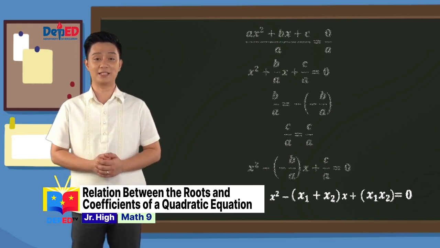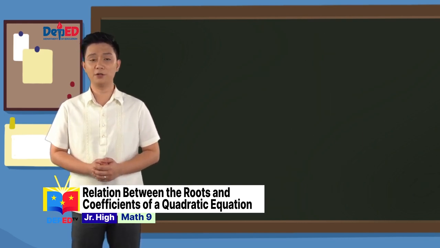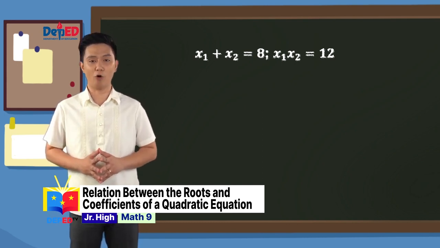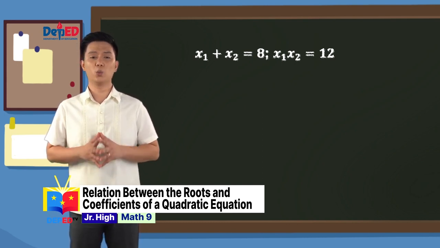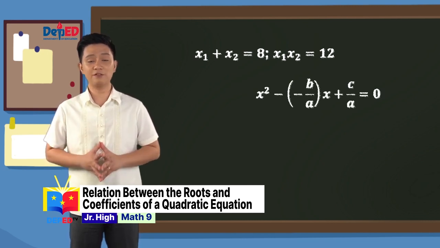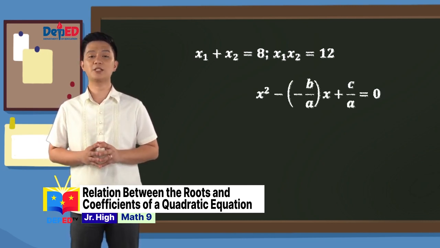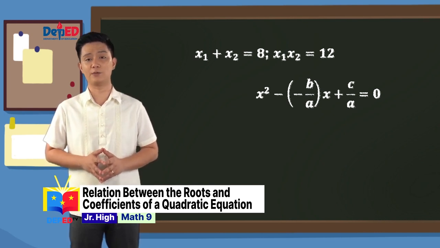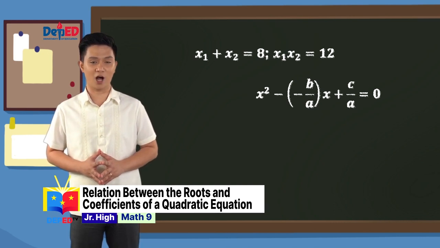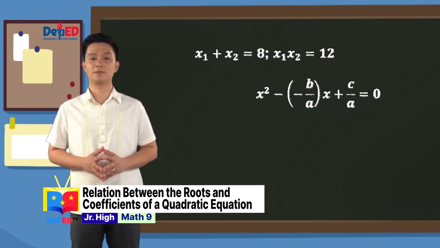Let me give the first example. The sum of their roots is 8, their product is 12. Form the equation. We are guided by the form x squared minus the negative of b over a of x plus c over a equals 0 in writing the equation that corresponds to the given sum and product of roots.